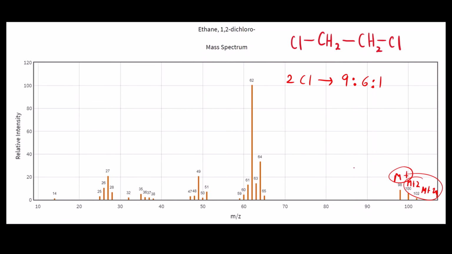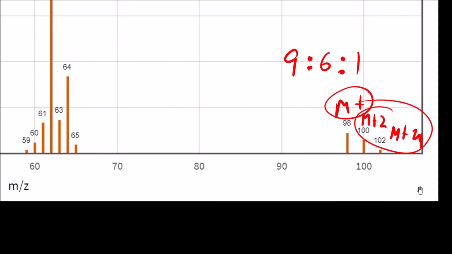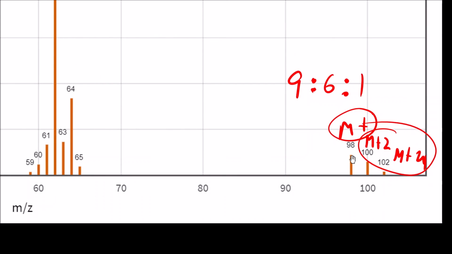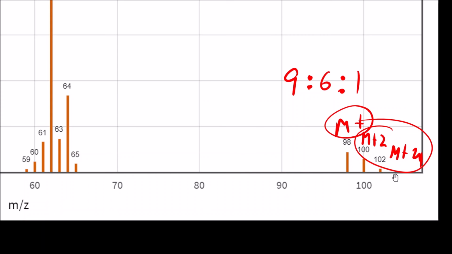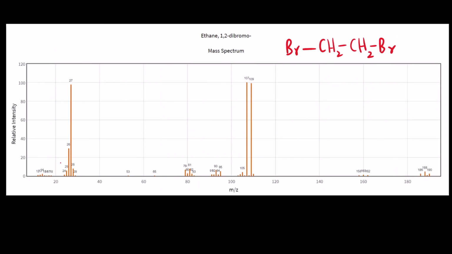If I zoom this, you can see it will be approximately the ratio 9:6:1 that we had got for 2 Cl atoms. Here you can see 98 is approximately 9, slightly lower is 6, the peak at 100, and then very low is the peak at 102, that is M plus 4. Okay, this was for 2Cl.